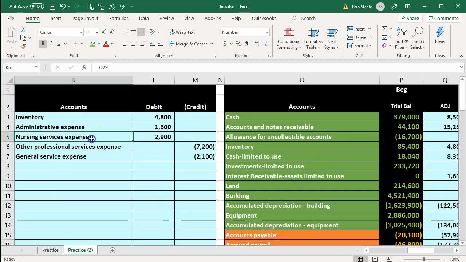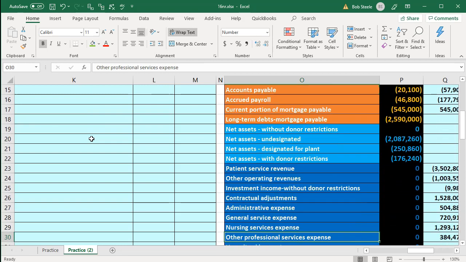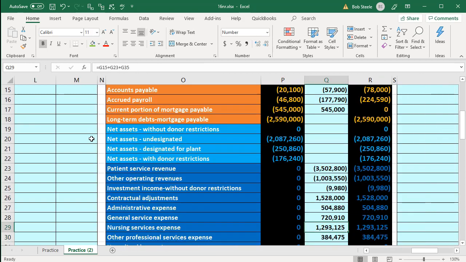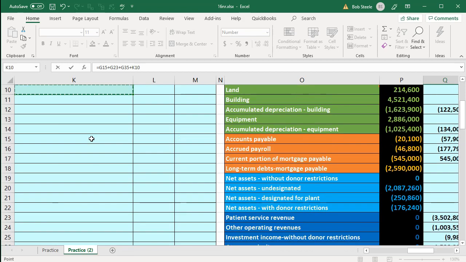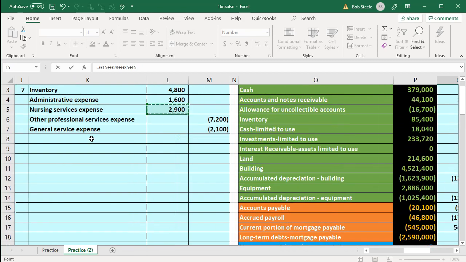Next, we have the nursing service expense. So we'll scroll back down and we'll pick up the nursing service expense. That's going to be here in cell Q29. Something's in it, so we're going to go into it with F2 plus, scrolling back up to the nursing service expense. That's going to be here, that 2,900, and enter.